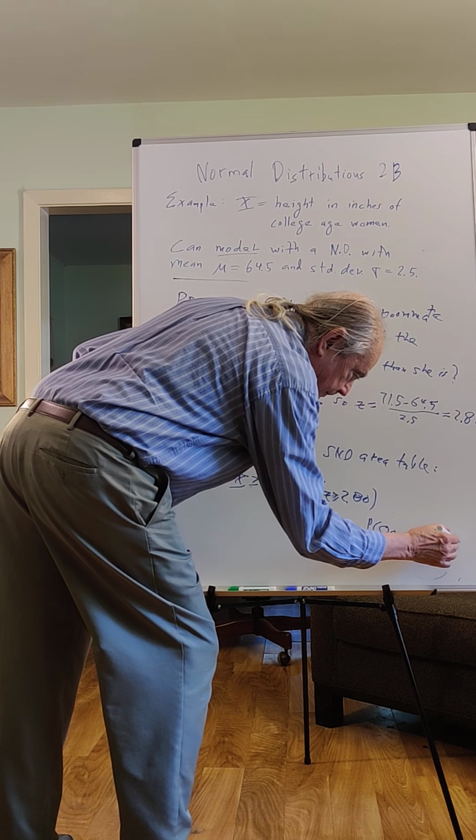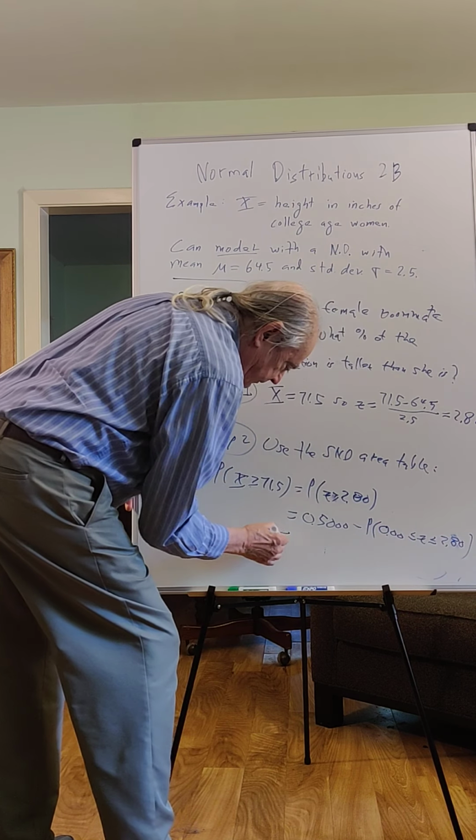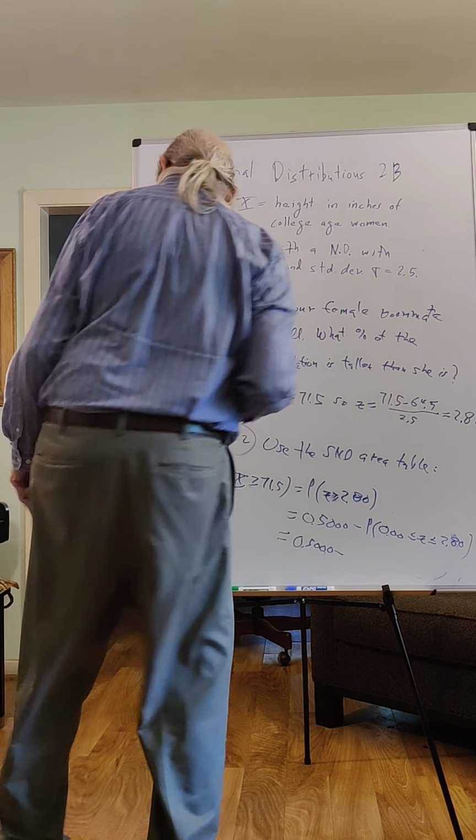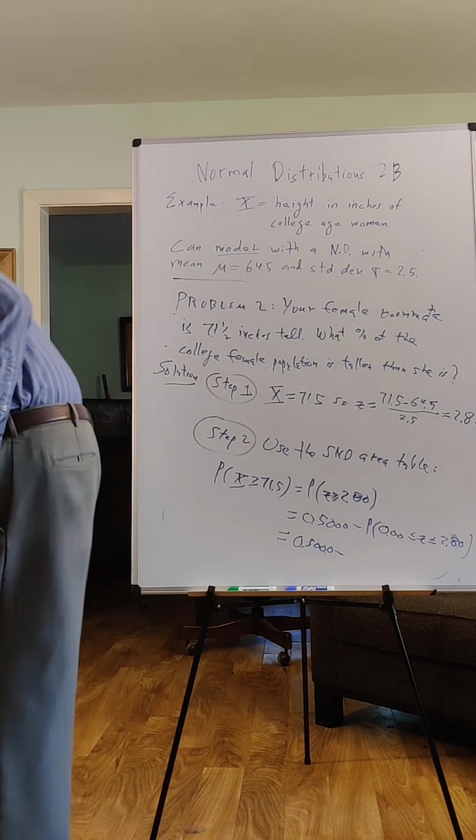Okay, so 0.5000 minus 0.4974, almost equal to 5000. So that's 0.0026.